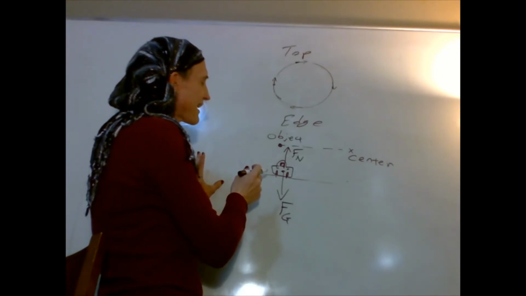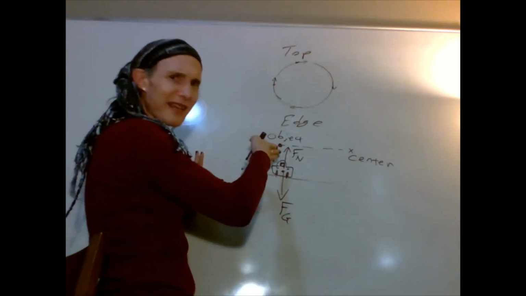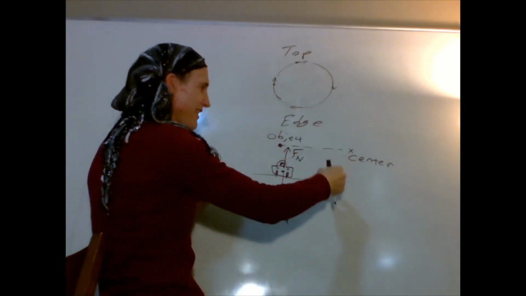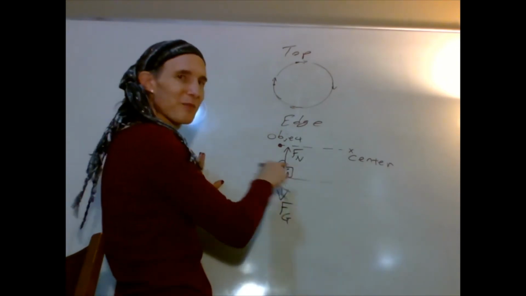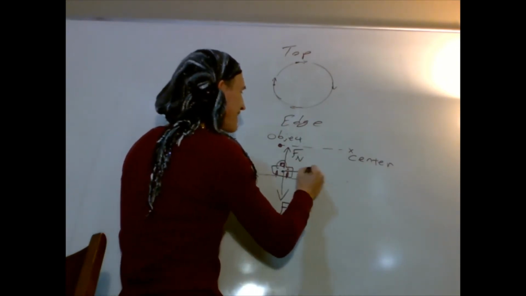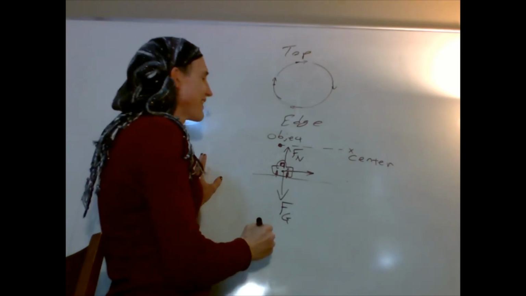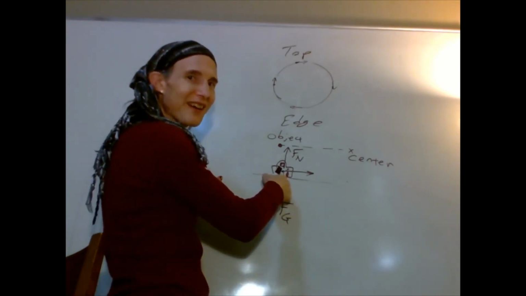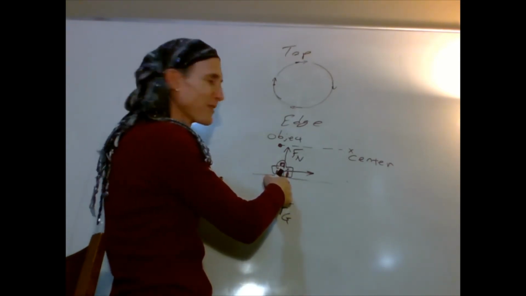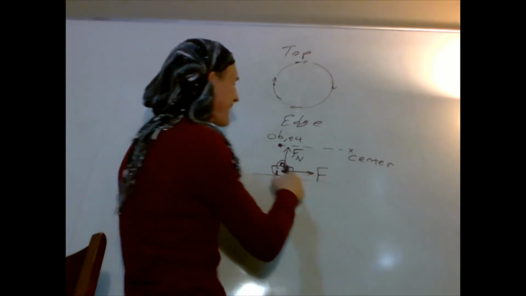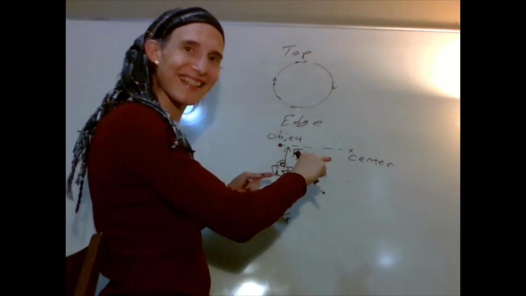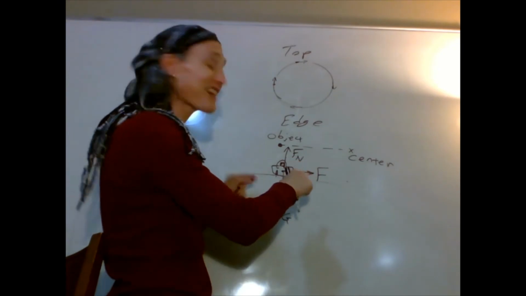So, okay then, the car is turning. It's moving in a circle, and the center of the circle is over here, so there has to be a force in that direction. What is it? It's the force of friction between the tires and the road. So this is a frictional force, and the car is not sliding, so this is actually static friction.